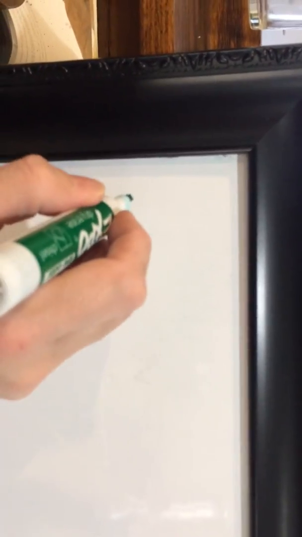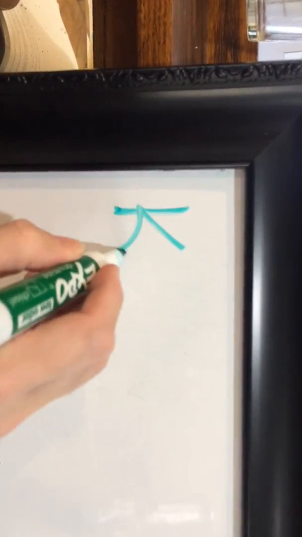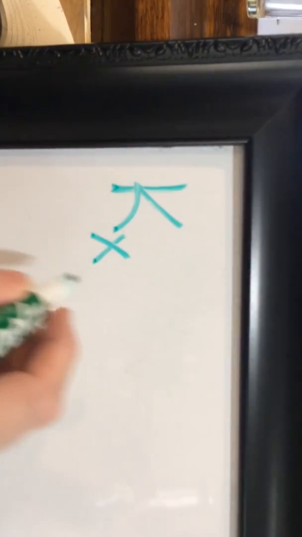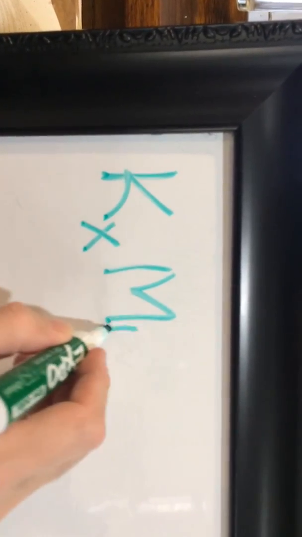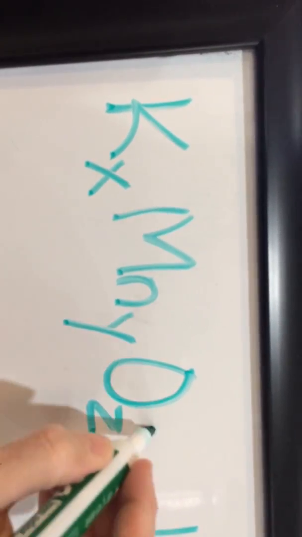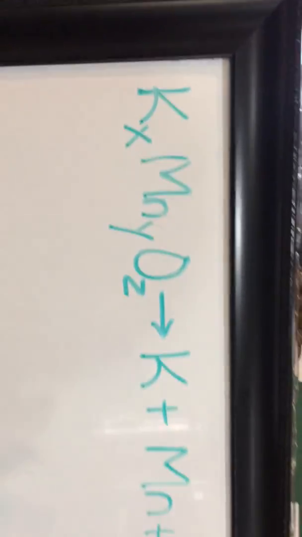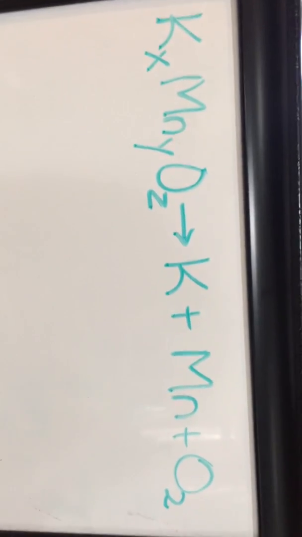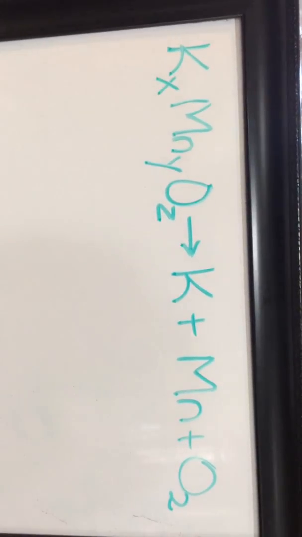So we know that our compound contains potassium. We don't know how much. We know it contains Mn. We don't know how much. We're giving it algebraic coefficients there, and O, and we don't know how much. So at this point, we have the problem.